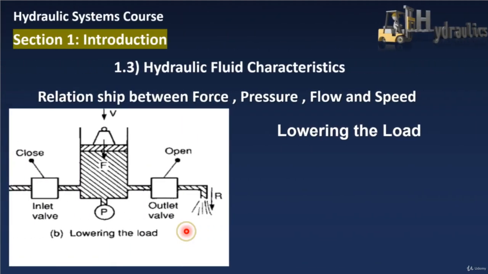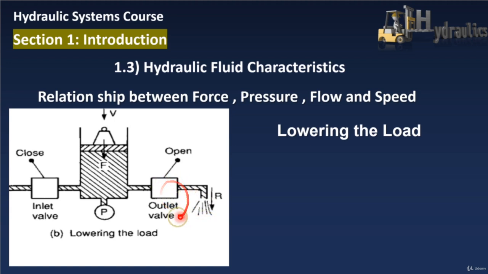On the other side, if I want to lower this load, the inlet valve is now closed, so there is no supply, and the outlet valve is now open, allowing the return flow to go back at a rate of R to flow out of the cylinder.